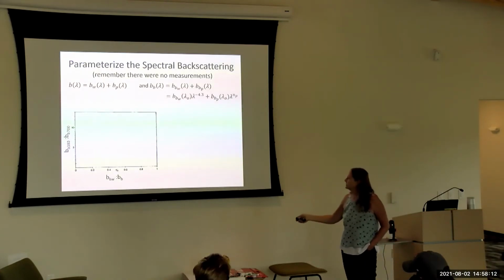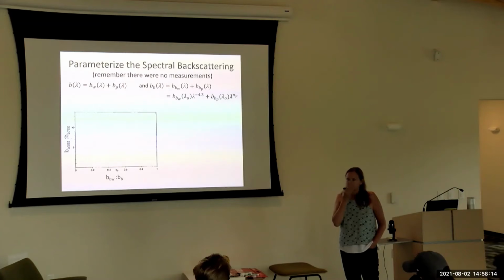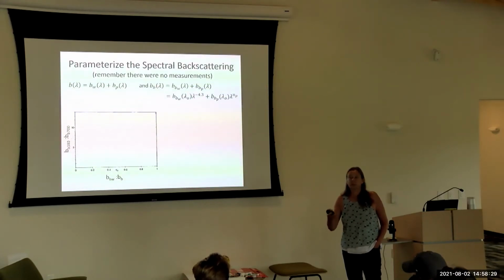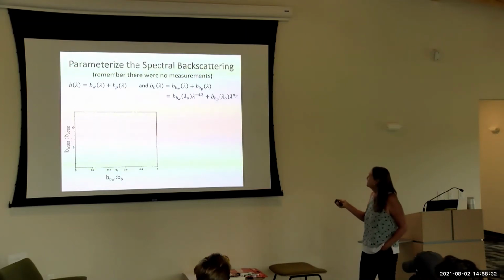And what happens if it goes to 0? There's no water, but there is water. So what does that mean? There are so many particles in the water that the backscattering properties are determined solely by the backscattering properties of the particle, which we're going to use a power function for.